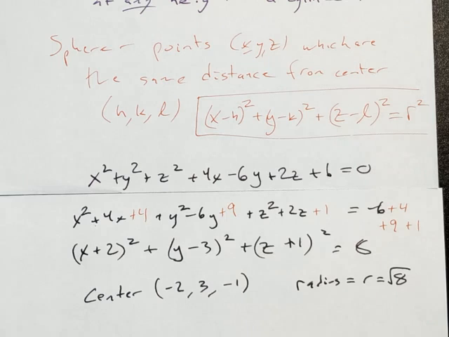Now, I'm in 3D. What if I want a ball, not just the surface? Because that equal sign makes this the skin, the surface of the sphere. If I want to talk about everything inside the sphere, then I need to say that I want all the points whose distance is less than or equal to 8. And if I want all the points outside the sphere, I'm going to say bigger than or equal to 8.